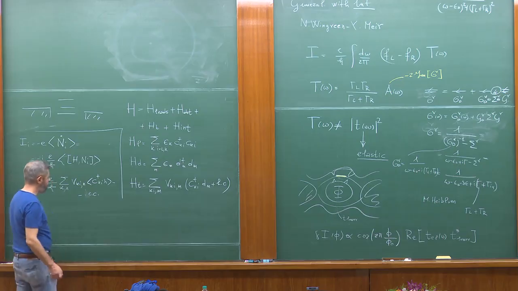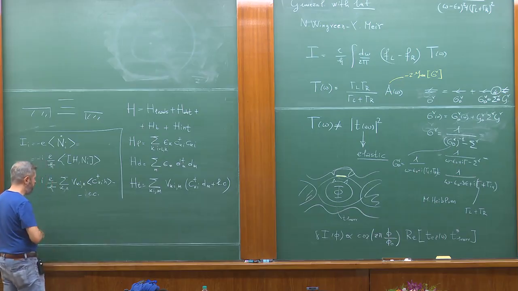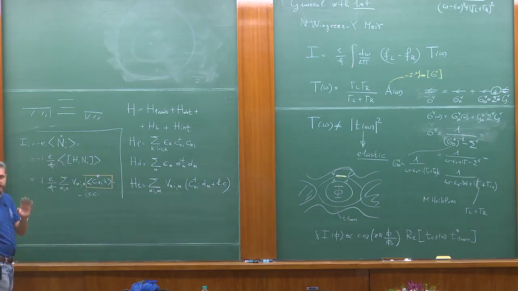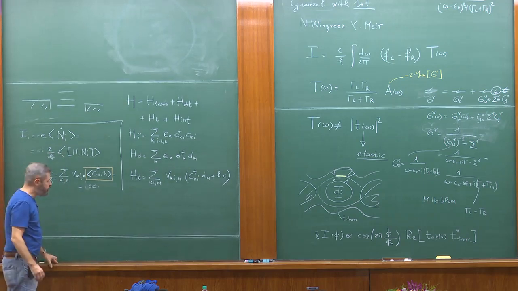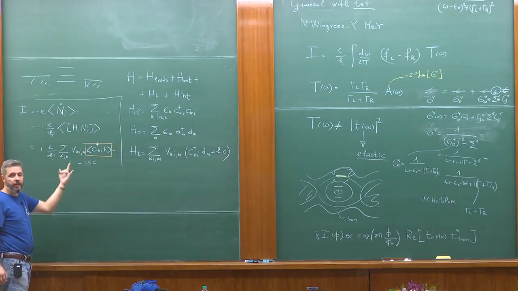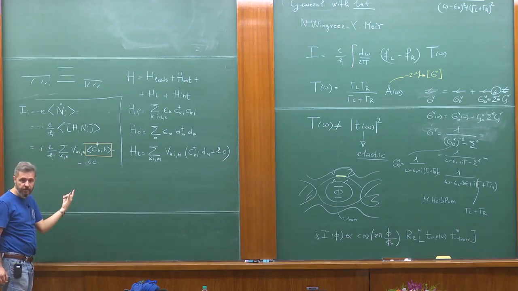So you see that in order to compute the current, what I really have to do is to compute this average. And now I proceed in the usual way. Let me connect it to a statistical Green function.